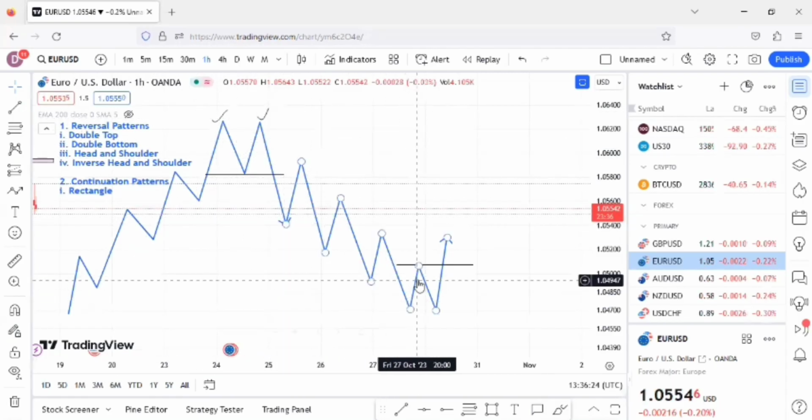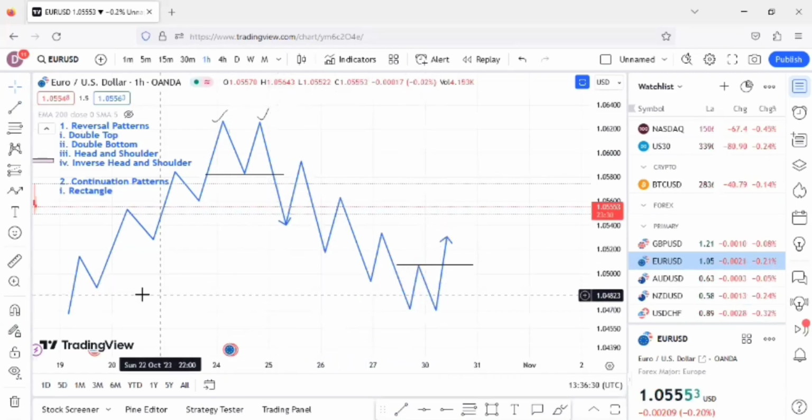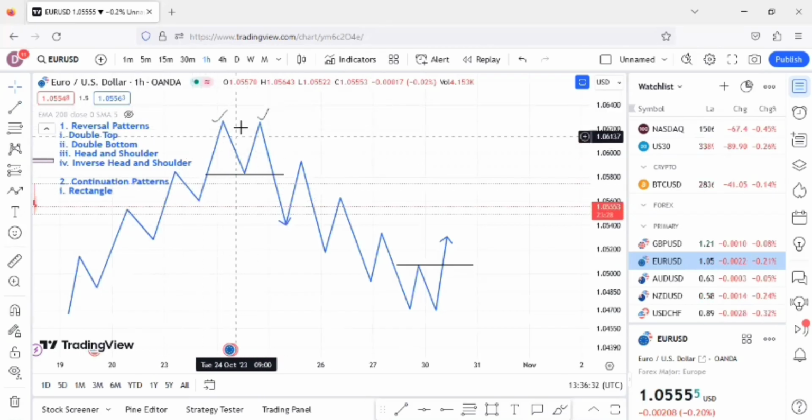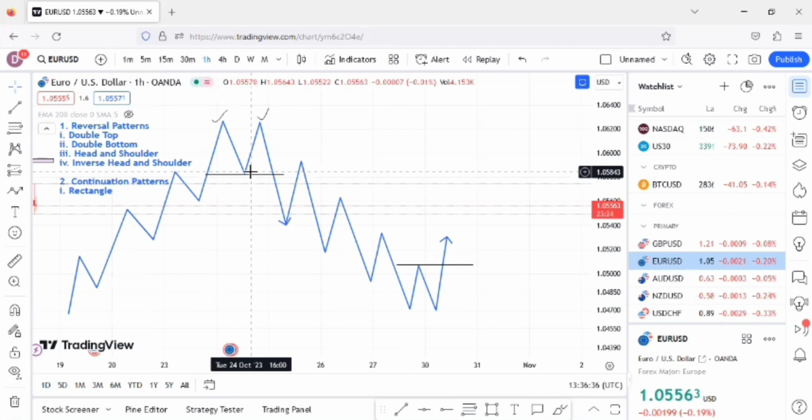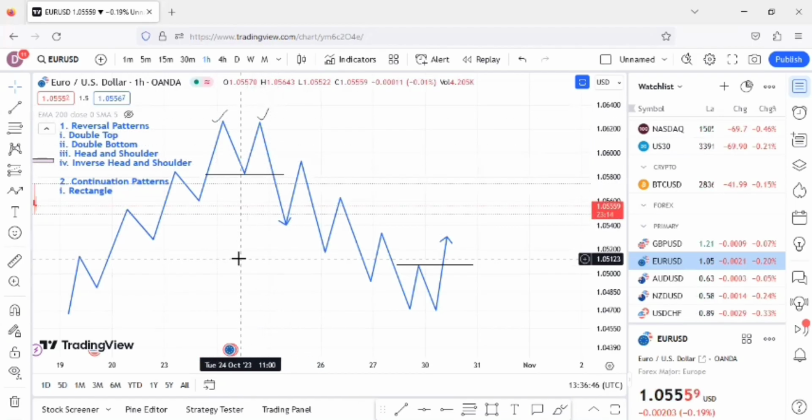At the bottom of a downtrend, you have a double bottom. Remember, I'm talking about reversal patterns, the patterns that tell you a trend is reversing. So that is how you know a trend is reversing, using chart patterns.